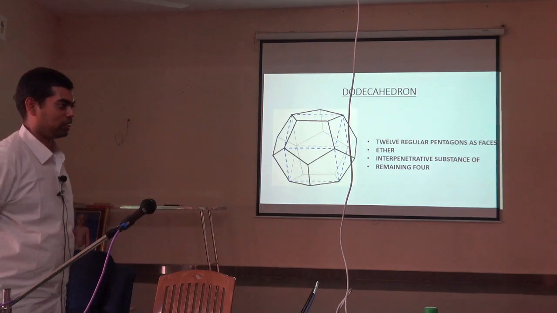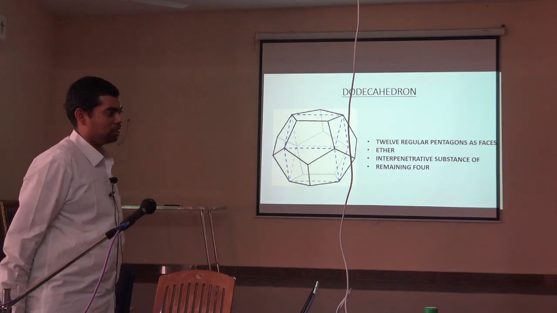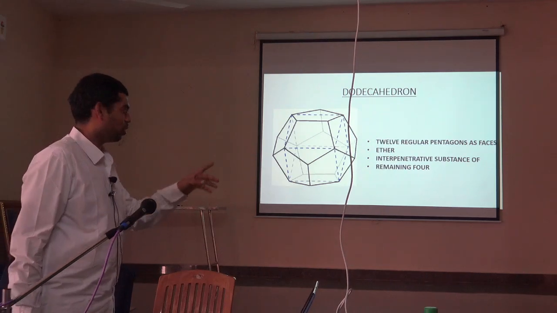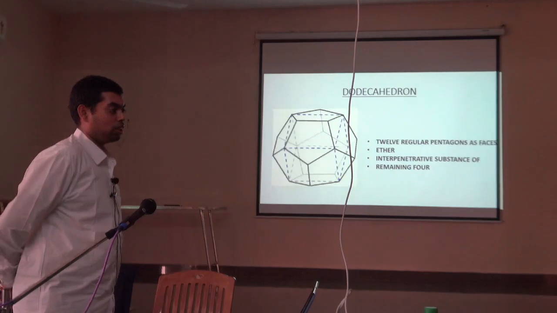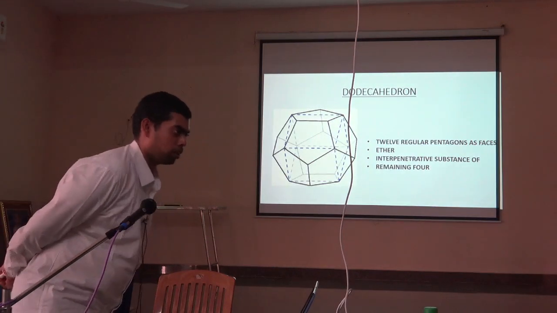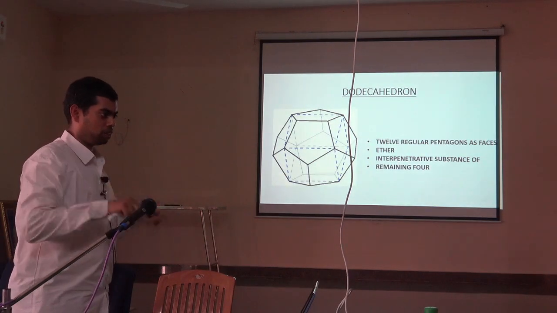Okay. This is called Dodecahedron. This is not a triangle. You have to read there. 12 regular pentagons. Pentagon, you know? 5 sides.